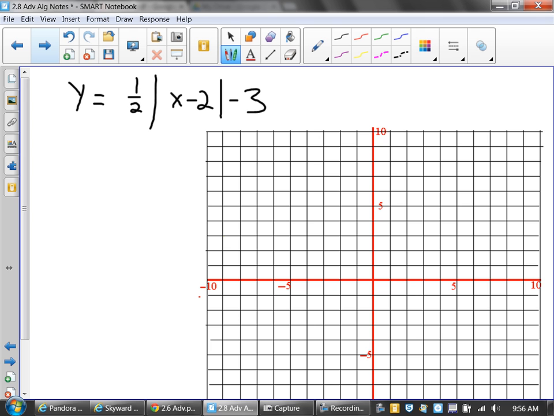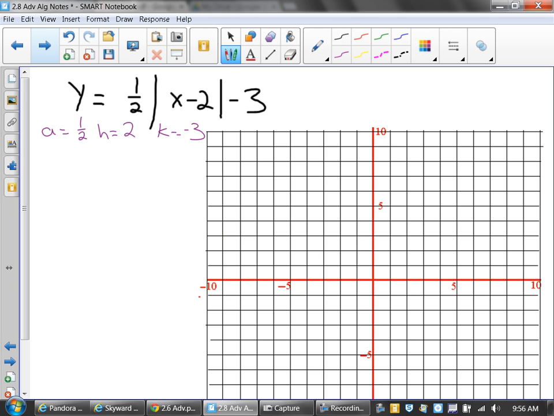It's good practice to get into. So I know my A value is 1/2. H here is how much? It's 2. Remember, because it's x minus whatever h is, and h here is just 2. And then k is -3.